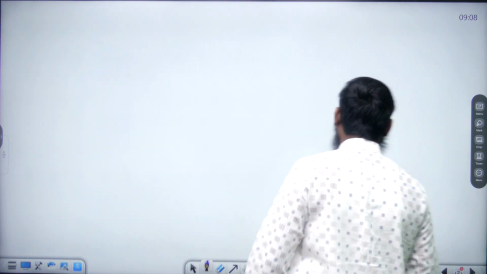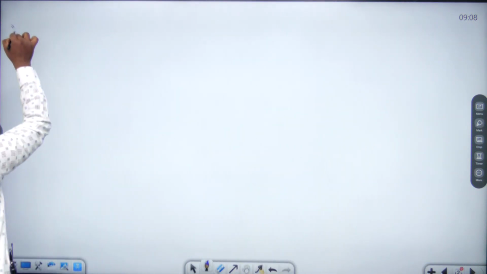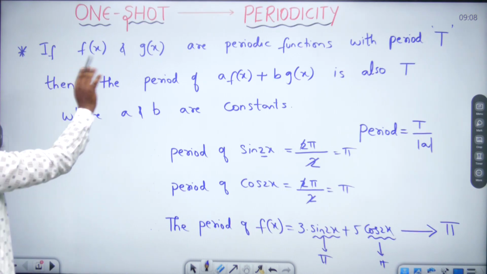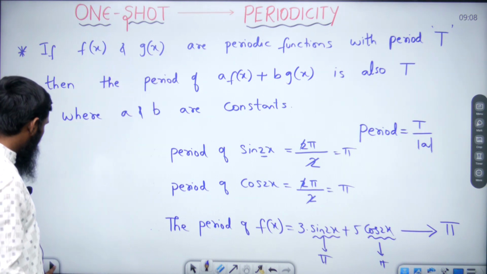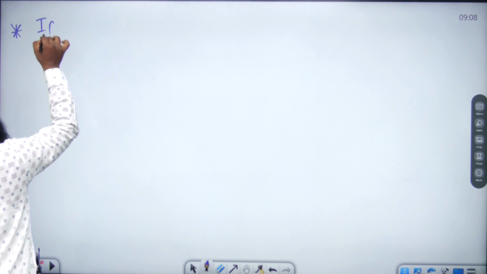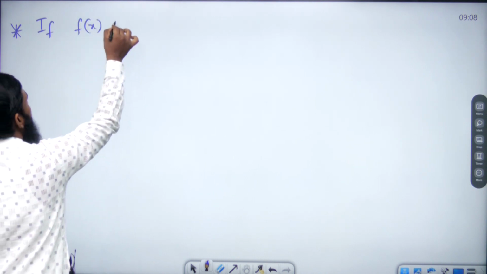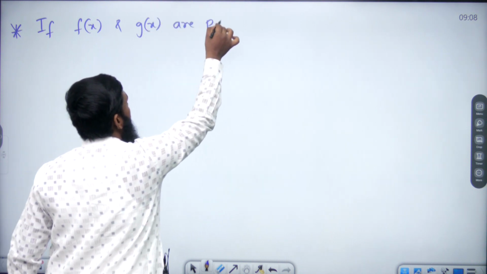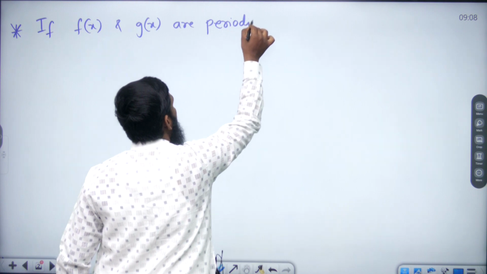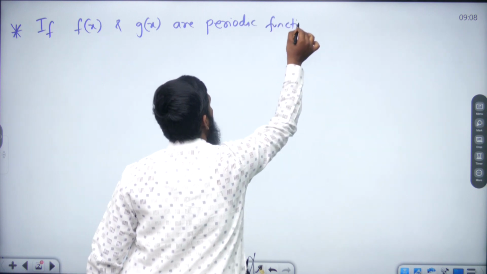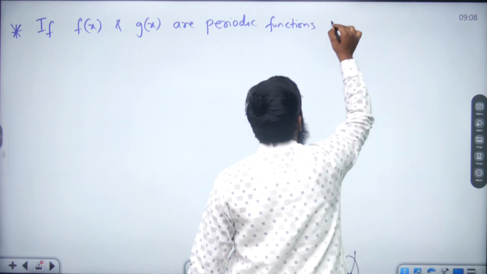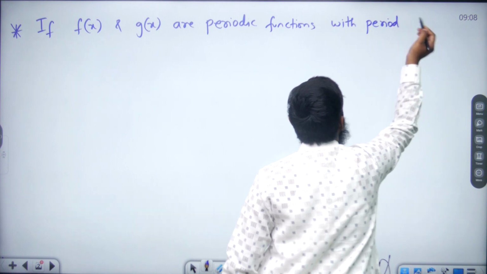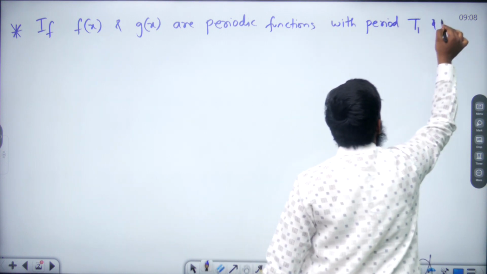Now let us do one more part over here. Suppose f of x and g of x are periodic functions with period T1 and T2.